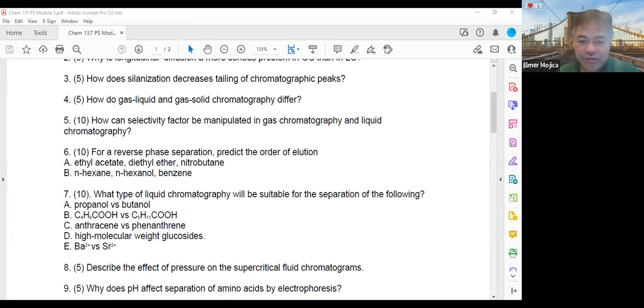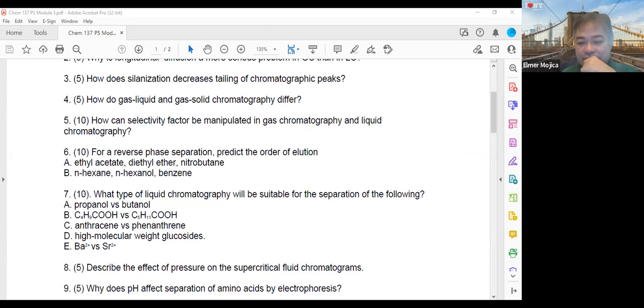Now, how are we going to manipulate sa GC, ano yung gagawin natin? Okay? Stationary phase. So, pwedeng i-modify natin yung packing material doon sa stationary phase.